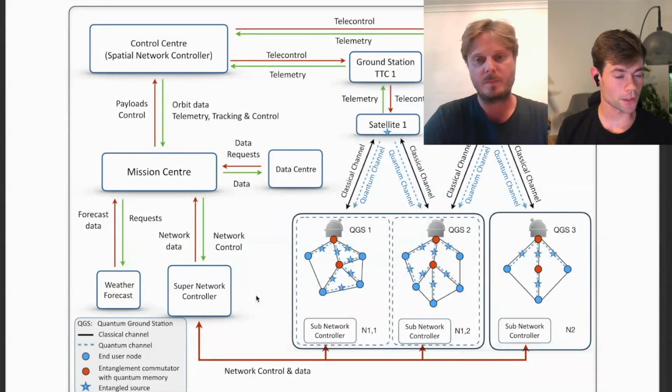And what's the conceptual difference between those two modules? Why are they separate and not just one mission center that contains also the super network controller inside of it? Is there a reason from an architectural point of view to separate these two? It could be, but I think the main reason is the ownership.